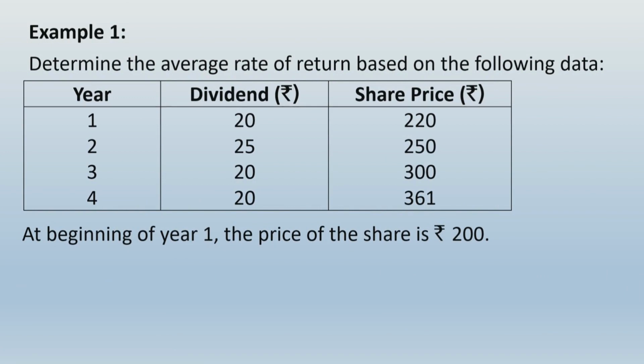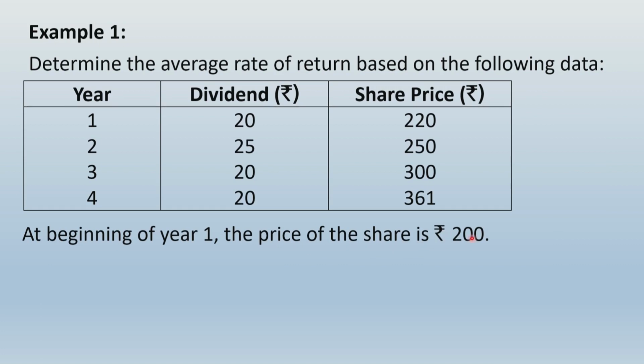They have given you data for year 1, 2, 3, 4, and they have given you details of dividend and share price, and further informed that at beginning of year 1, the price of the share is rupees 200. Now please allow me to explain something over here. Notice one thing about this line given in the question: at beginning of year 1, the price of the share is rupees 200.